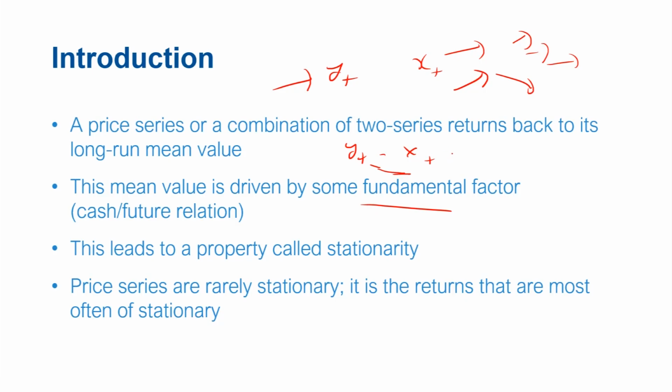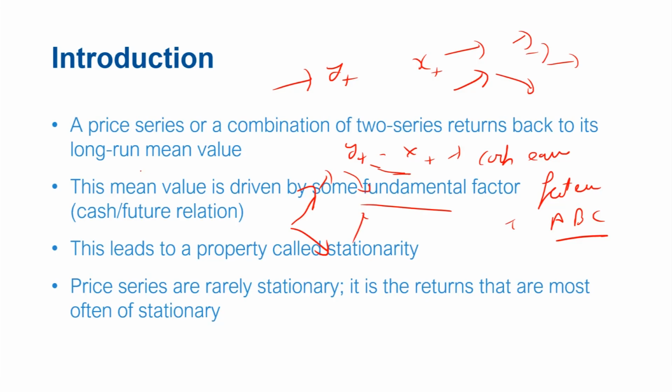Let me give you 2 examples. Think of cash, that is equity, and futures prices of the same underlying, let's say a stock of company ABC. So ABC stock and future, obviously they will not deviate too much away. In short term they may move a little bit away, but in long term they should come together.